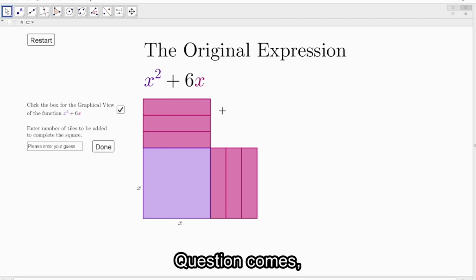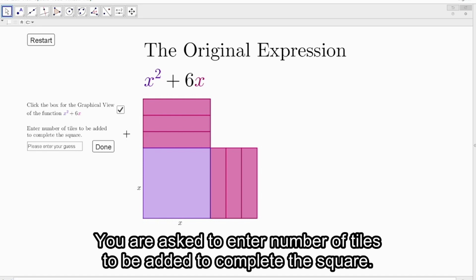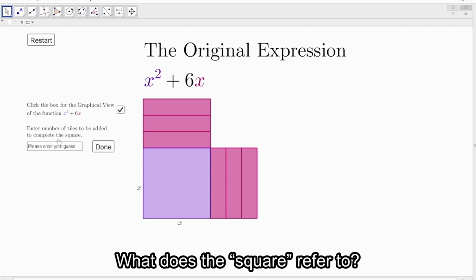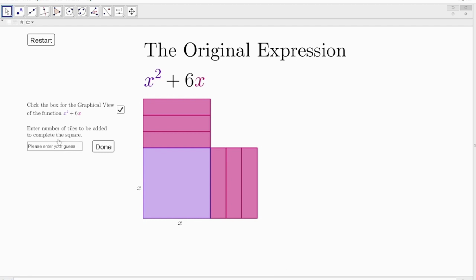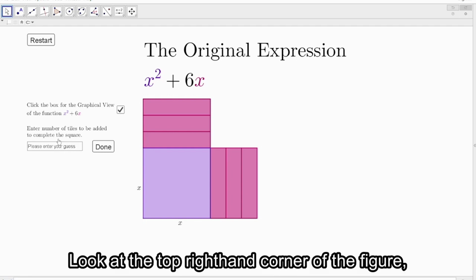Question comes. You are asked to enter the number of tiles to be added to complete the square. What does the square refer to? Look at the top right-hand corner of the figure.